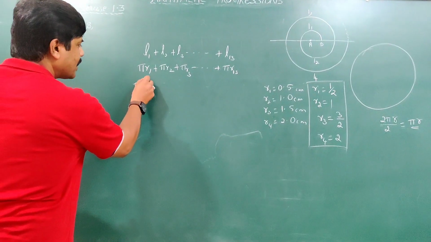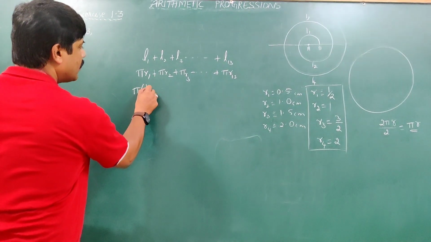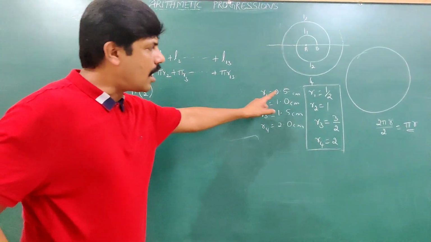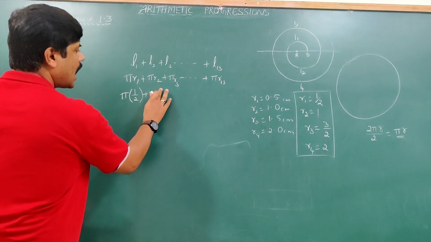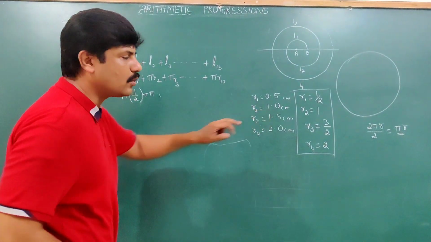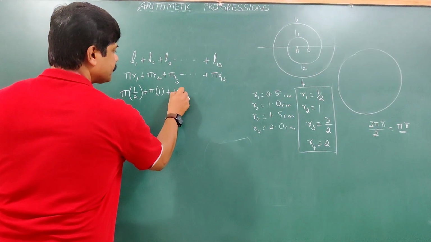Keep it as it is. What is R1? R1 is 1 by 2, that is 0.5, so pi times 1 by 2. What is R2? R2 is nothing but 1, plus what is R3?